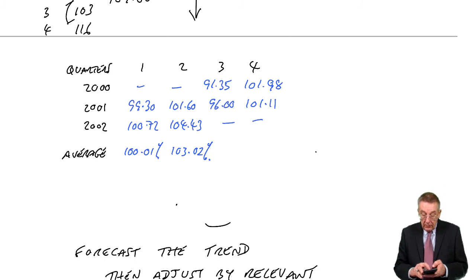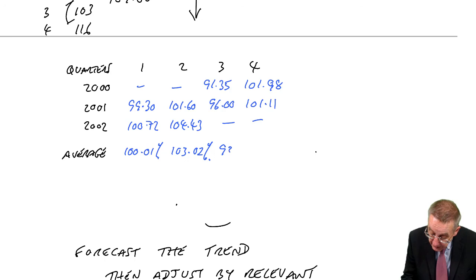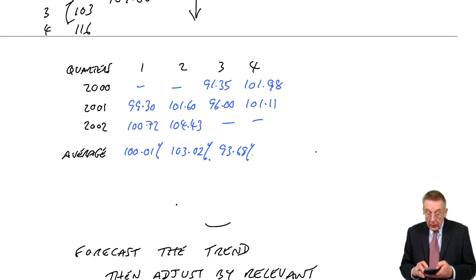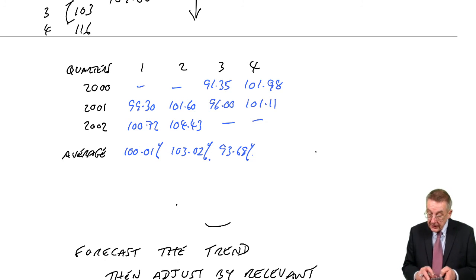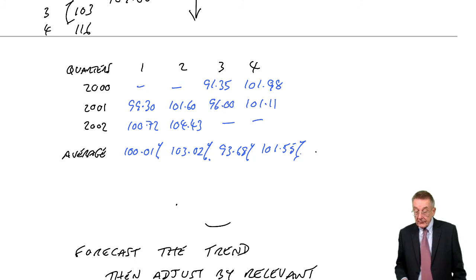The next one, 95.35 plus 96 divided by 2, 95.68. And finally, quarter four, 101.98 plus 101.11 divided by 2, 101.55%.